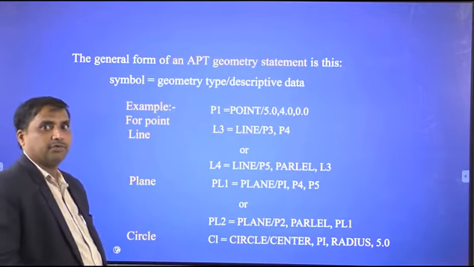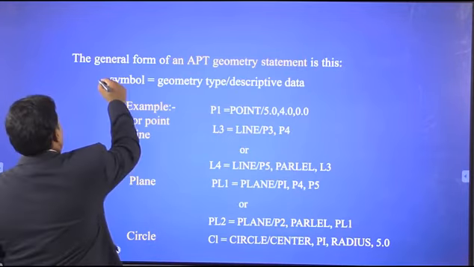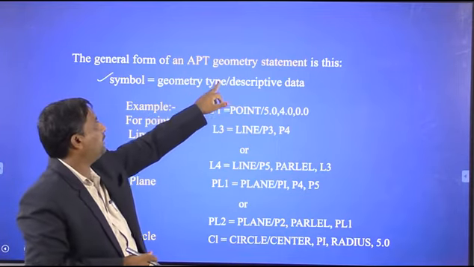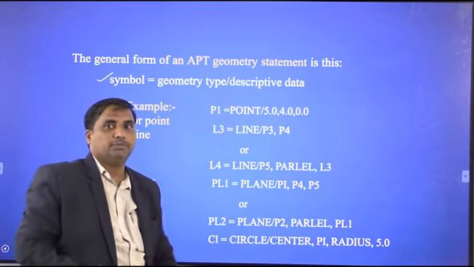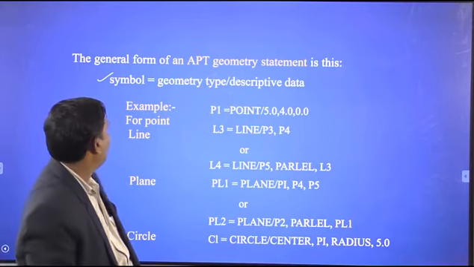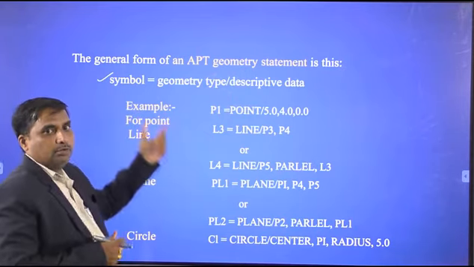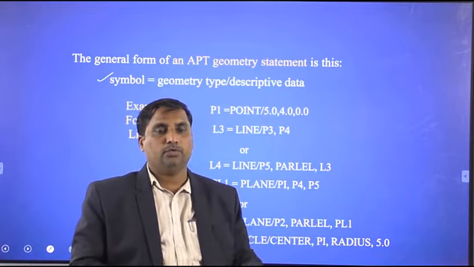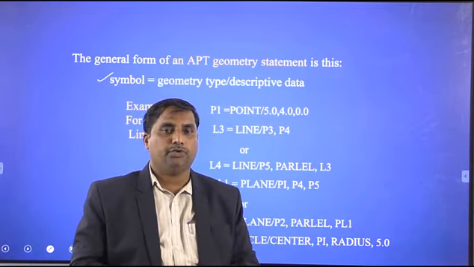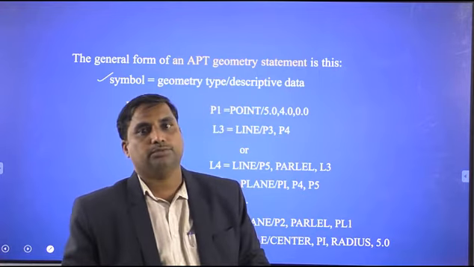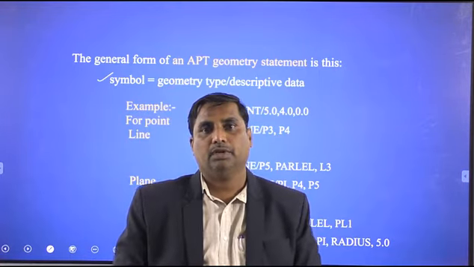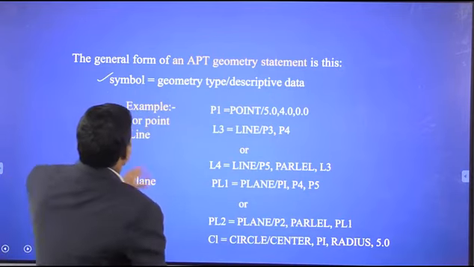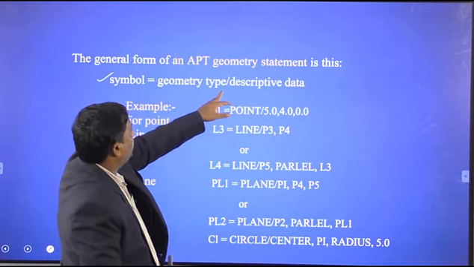So the syntax for a geometric statement is like this: symbol = geometry type / descriptive data. Where symbol means, suppose if you want to define a point, we will specify a symbol. If you want to define a line, we will specify a symbol. Similarly for a plane.